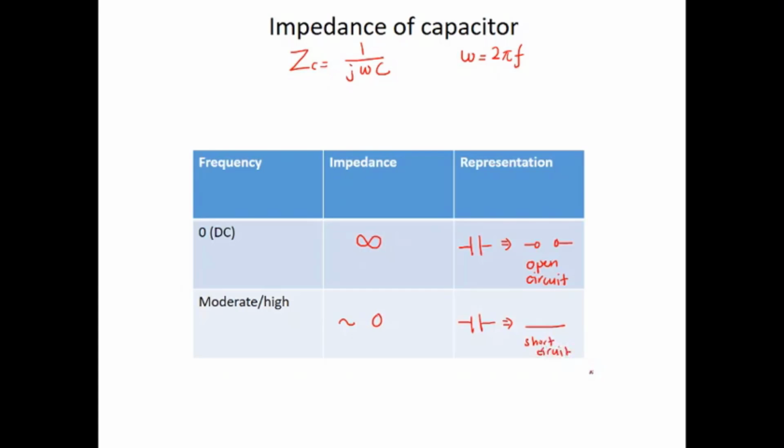This is why we say that a DC signal will not pass through the capacitor, so it will be blocked. However, an AC signal can flow across the capacitor.